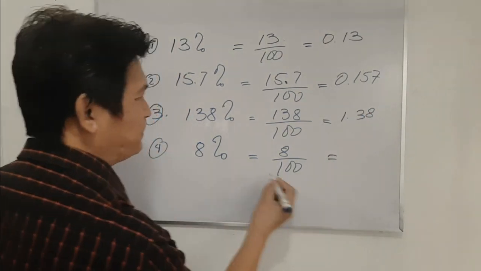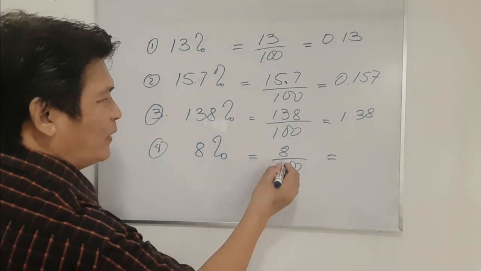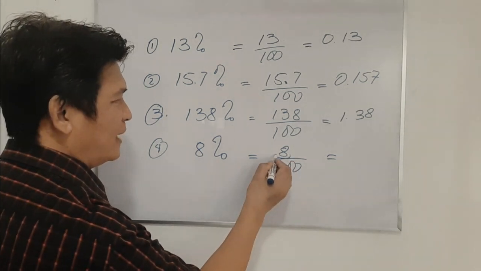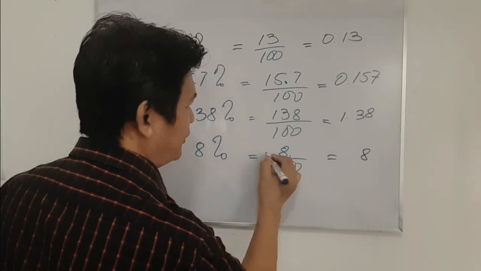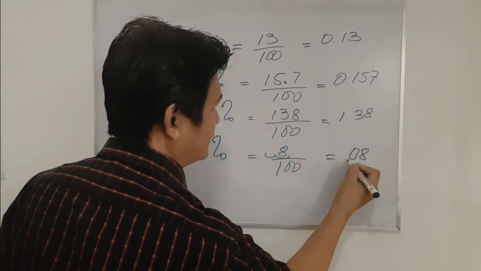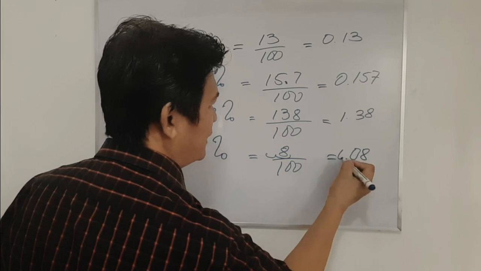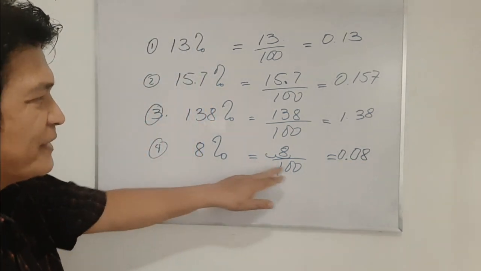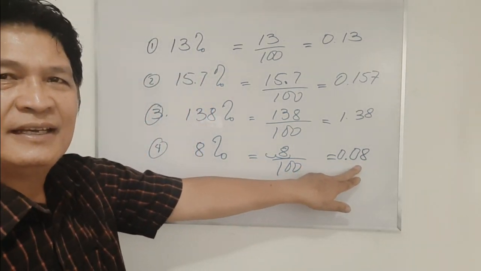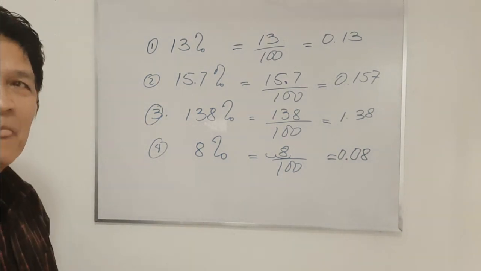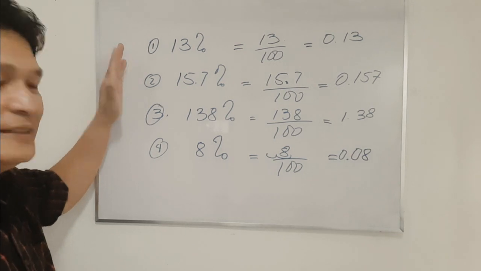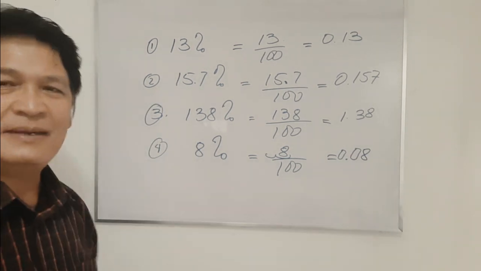And then your 8%, since you have only one digit, you move 1, 2, so you add another digit, and then you add 0. Your 8% becomes 0.08. Okay? So that is how to convert your percent into fractions and decimals.